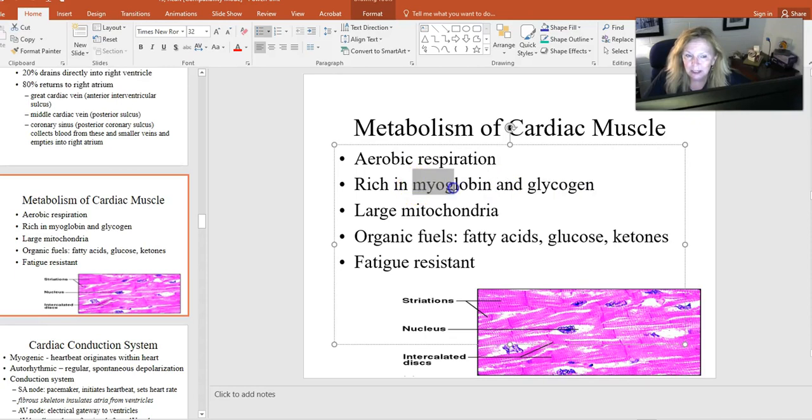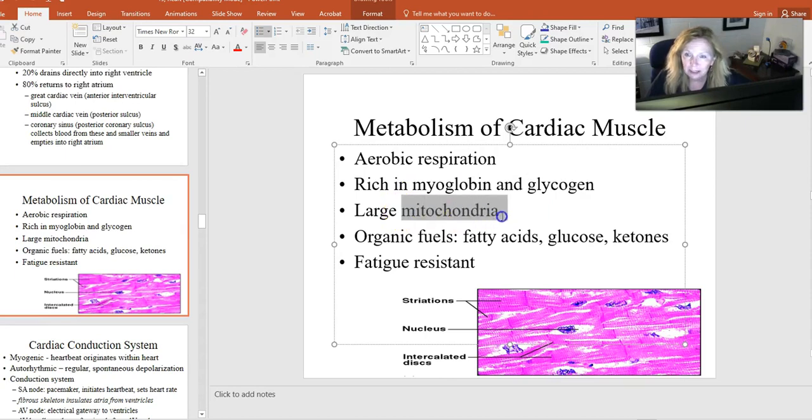So myoglobin is a protein that can help to store a little bit of extra oxygen, and glycogen stores glucose, because you know glucose and oxygen are the reactants in aerobic respiration that can be used in the cells to give off CO2 and water, but in the meantime make lots of ATP.